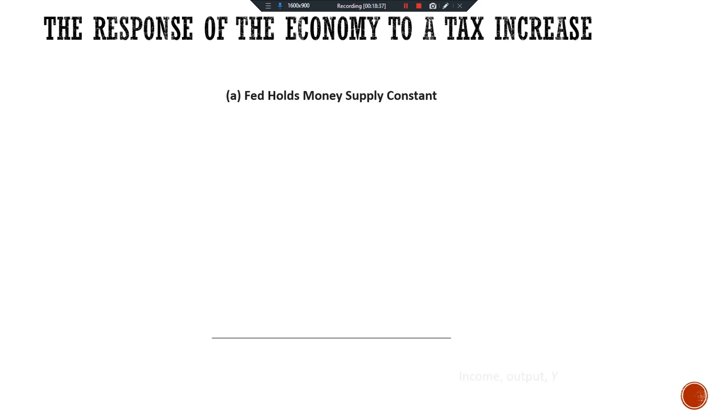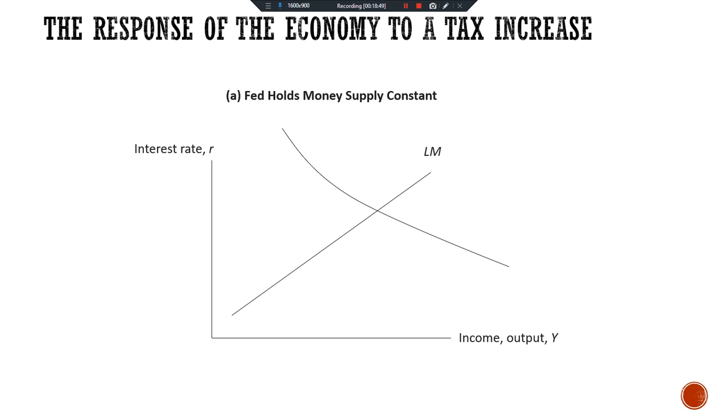We have income output Y on the x-axis, the interest rate on the y-axis, an upward sloping LM curve, and a downward sloping IS curve, and we know that the intersection of the IS and LM curves decides the equilibrium of the economy.